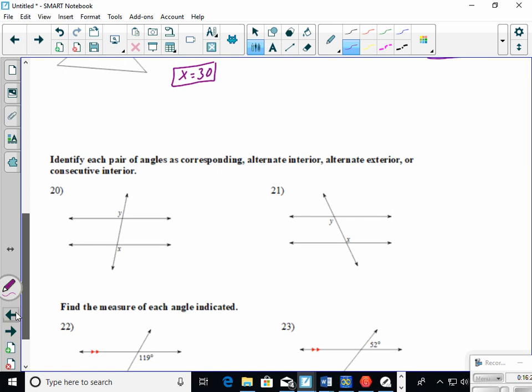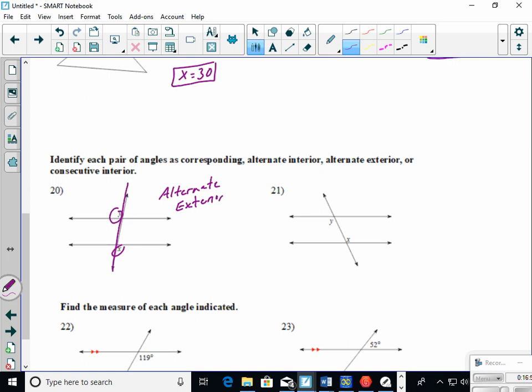Identify each pair of angles as corresponding, alternate interior, alternate exterior, or consecutive interior. Alright, so y and x. We got a transversal there. They're on different sides of the transversal, but they are not in between the parallel lines, so they are outside the parallel lines, or they are exterior. So this is alternate exterior angles, which if we had numbers there, they would be the same.